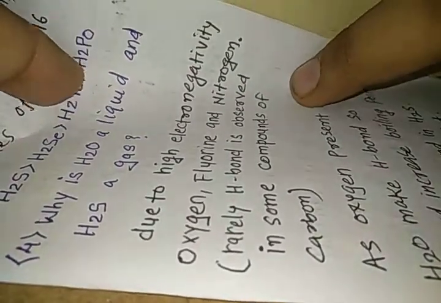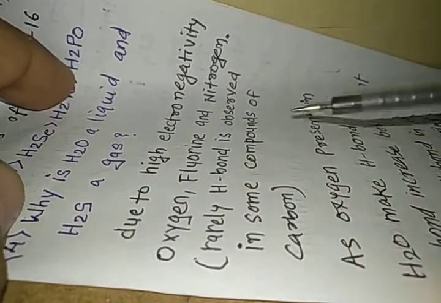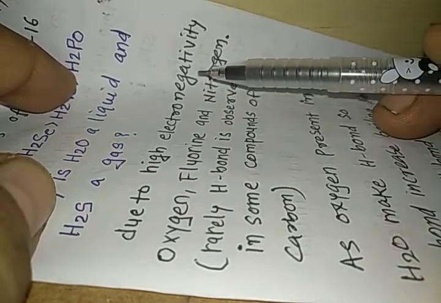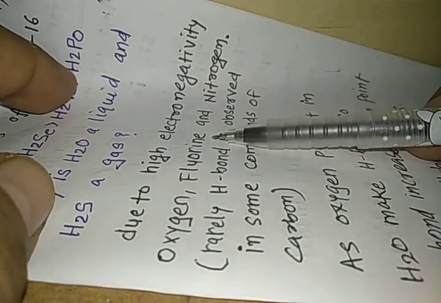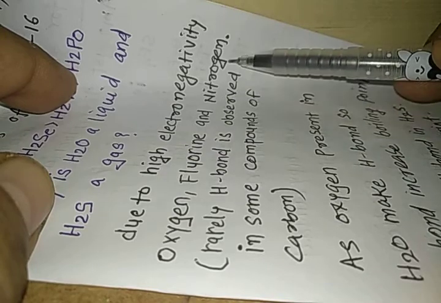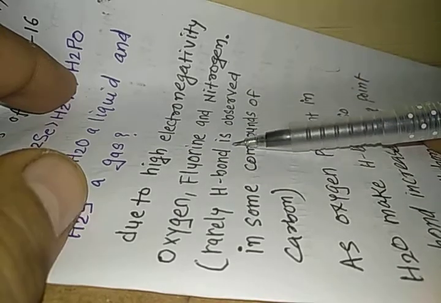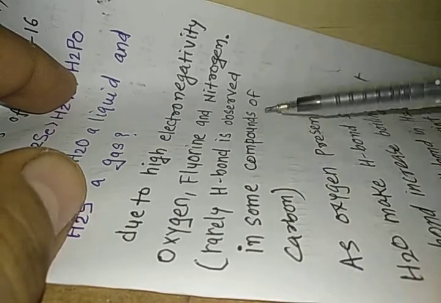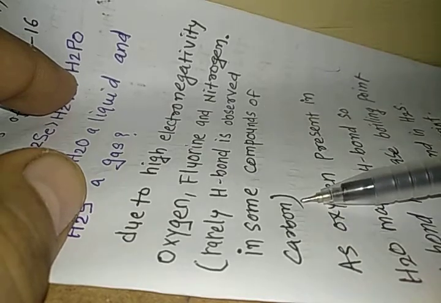The question is, why is H2O a liquid and H2S a gas? Due to high electronegativity of oxygen, fluorine and nitrogen, hydrogen bonding is observed, and rarely is H bond observed in compounds of carbon.